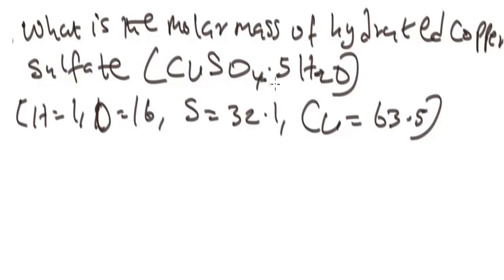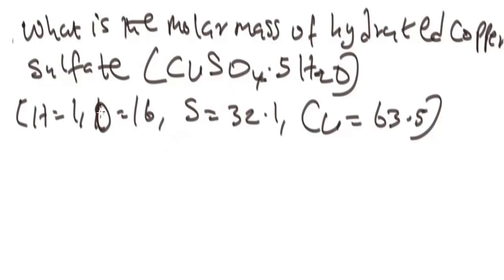To name this compound properly, this is copper(II) tetraoxosulfate(VI) pentahydrate. This is water of crystallization. So pentahydrate is a crystallized salt.